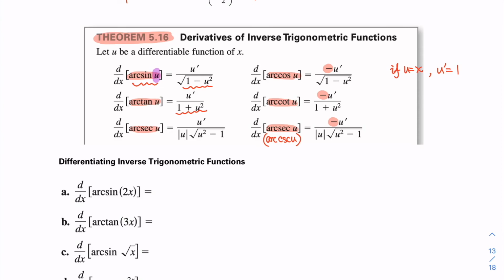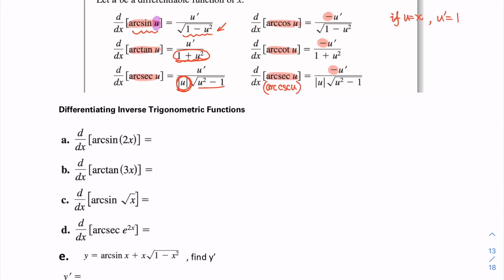And secant inverse is u prime over absolute value of u times the square root of u squared minus 1. This is the only derivative that has an absolute value. And for tangent inverse, the denominator is 1 plus u squared.